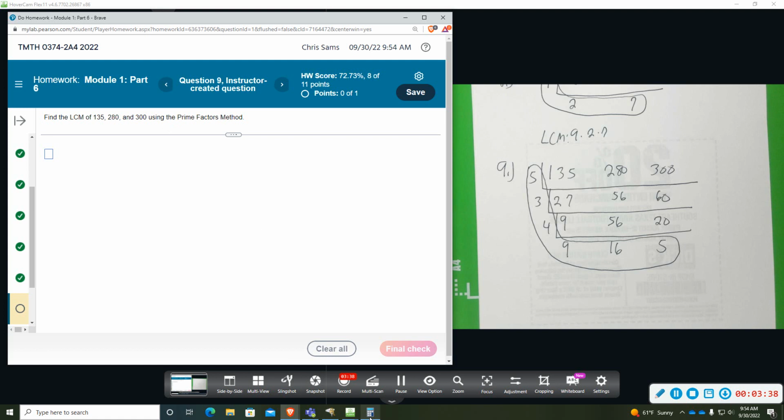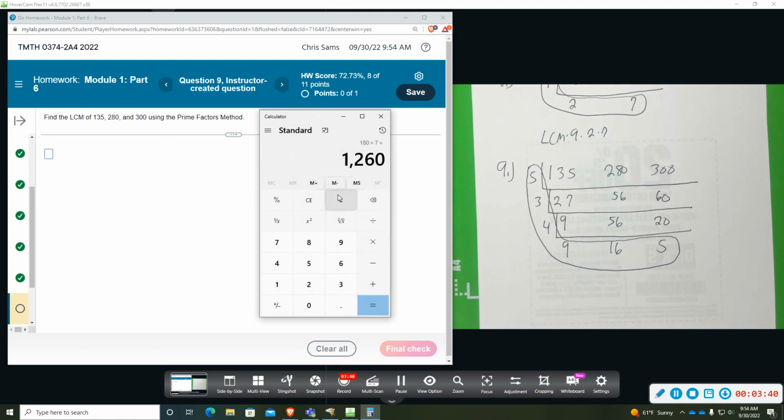So I'm going to get this calculator, and then I'm going to do 5 times 3 times 4 times 9 times 16, 5. That gives me 43,200.